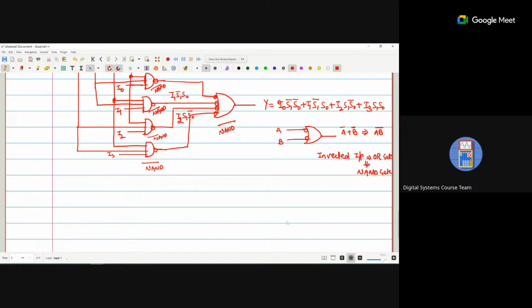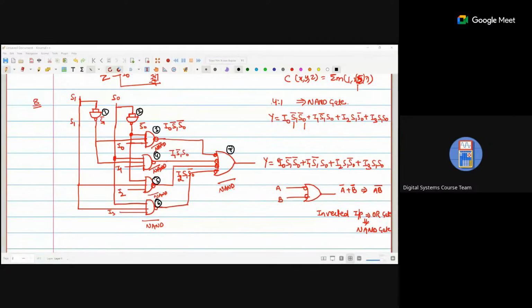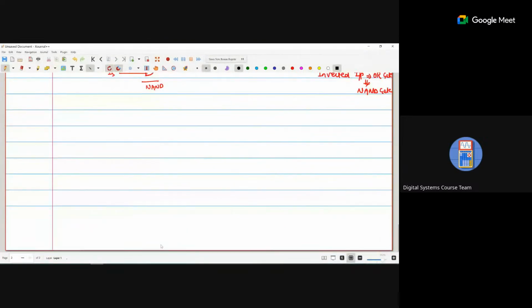So how many NAND gates are required? 1, 2, 3, 4, 5, 6, and 7. Question number 9.